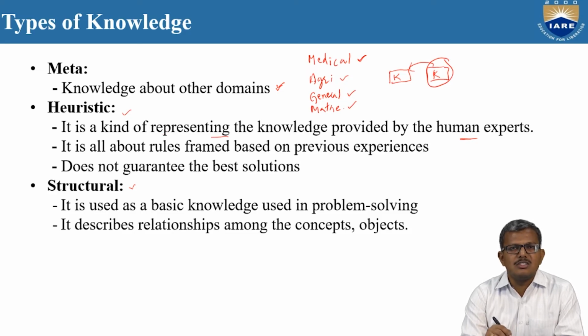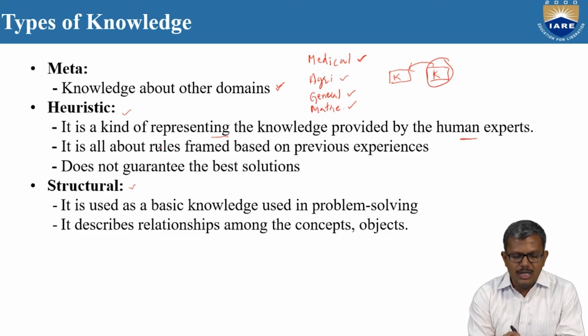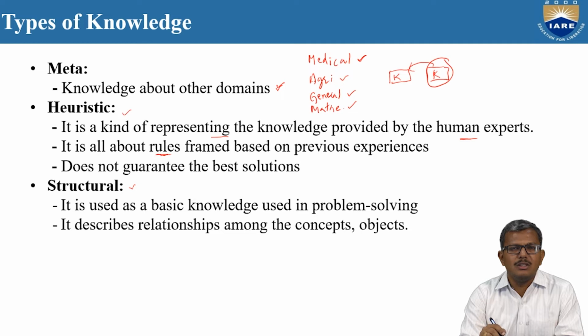What this heuristic knowledge is going to have is more about the rules. If we talk in terms of a chess playing game, what are the different kinds of legal moves we can make? Such information we can see in heuristic knowledge.